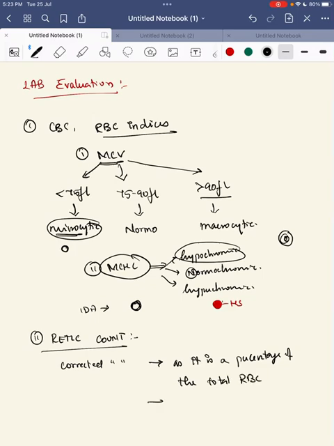This retic count will be spuriously elevated when the number of RBCs is reduced. So it should be corrected according to the Hb or the hematocrit value.